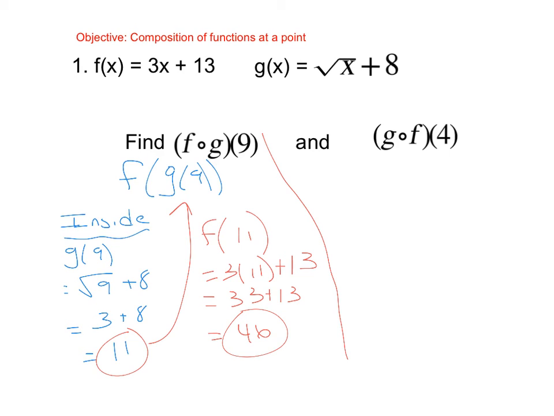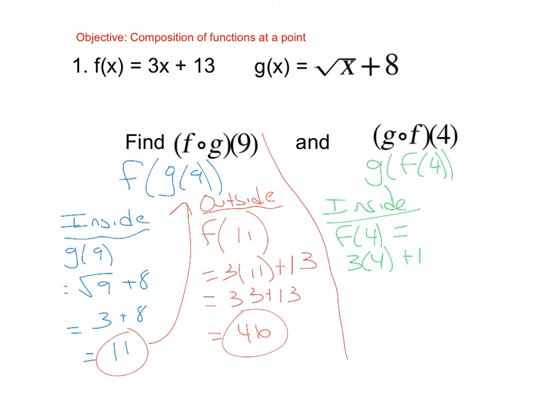So now I'm going to do G of F of 4. So we start with our inside. Oh, and you know what? I usually write outside over here. Outside. So my inside is F of 4. So F of 4 equals 3 times 4 plus 13.